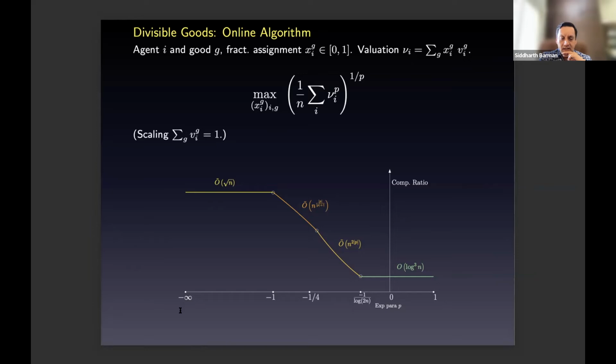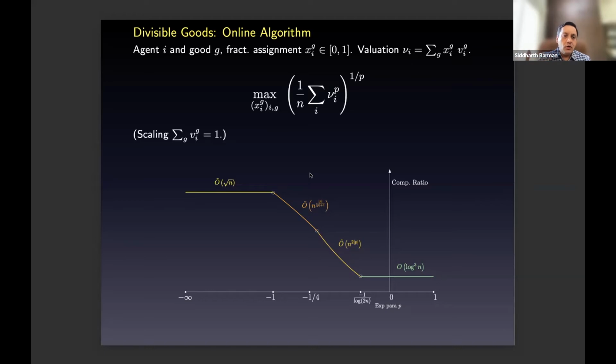So this x-axis is this exponent parameter P for the P-mean welfare. If I start at -infinity, or a very small value, this is egalitarian welfare. For this, what we can show is that for a specific value of tau, the competitive ratio is something like O tilde of square root n.